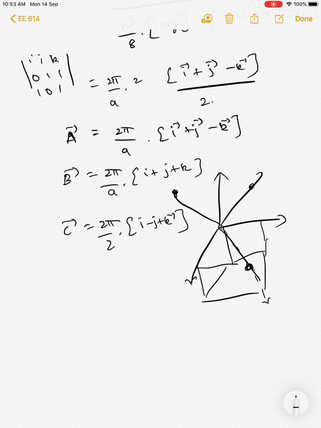So the actual reciprocal lattice for silicon, which is an FCC, is a BCC, right? With each of these being 2 pi by a, right? I mean to say it is 2 pi by a. I'll stop here.